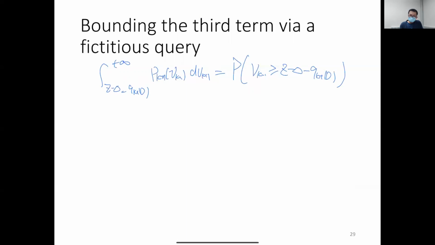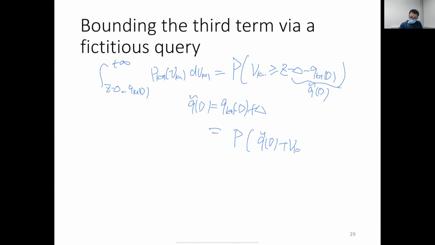The key idea here is that we want to define some fictitious query called q tilde, where q tilde of d is equal to qk plus 1 d plus delta. So I can replace this with q tilde of d. Now this is equal to the probability that q tilde of d plus nu k plus 1 is larger than the threshold z.